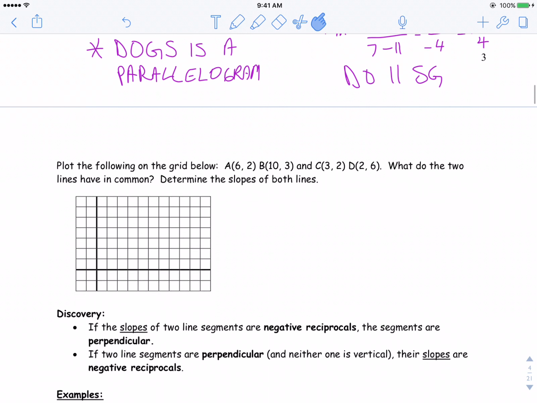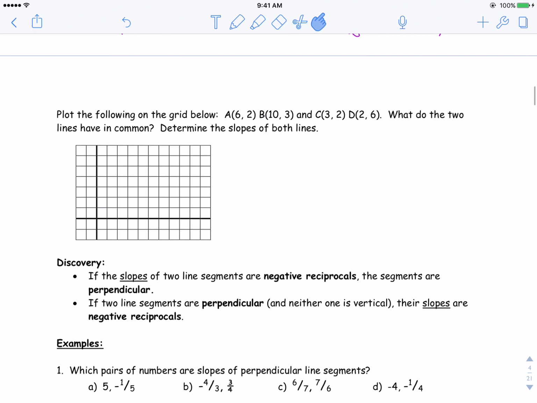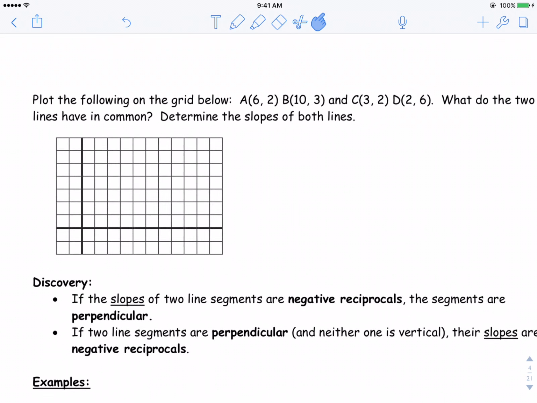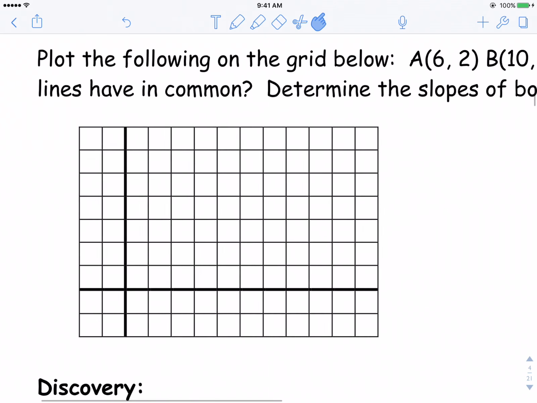Now, the rest of the examples, maybe I can do this one right here. Over the page, plot the following on the grid. A, 6, 2. B, 10, 3. C, 3, 2, and D, 2, 6. What do the two lines have in common? Determine the slopes of both lines. A is 6, 2.